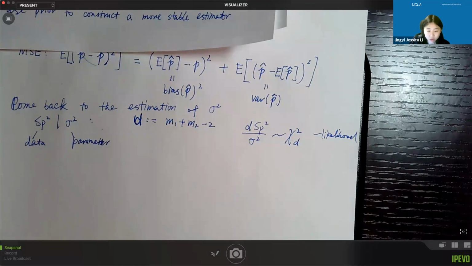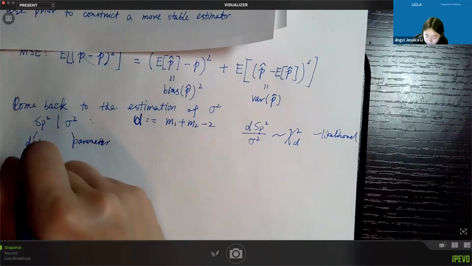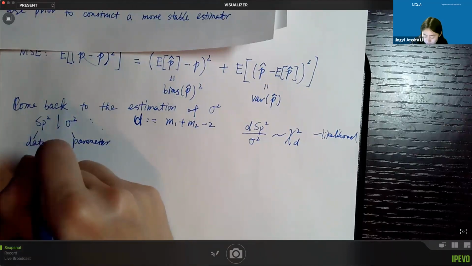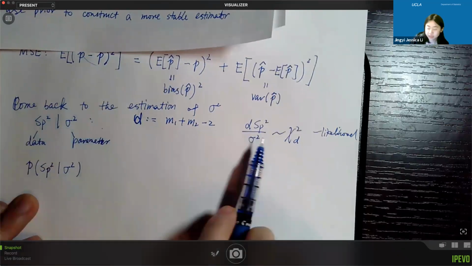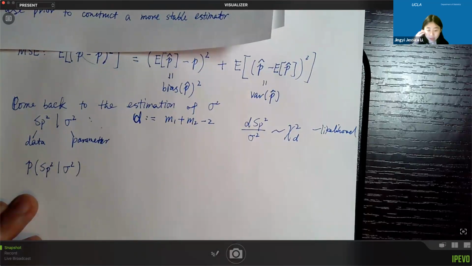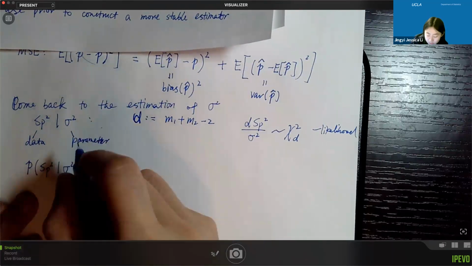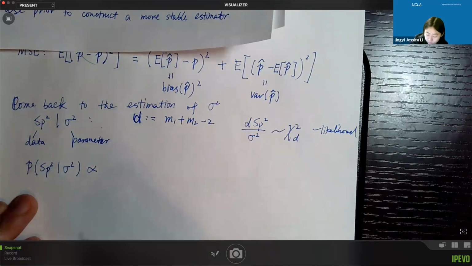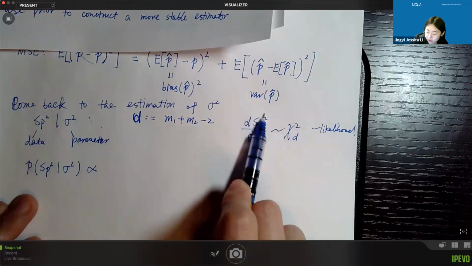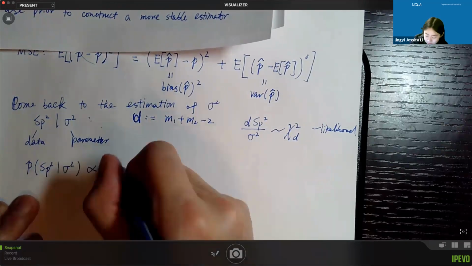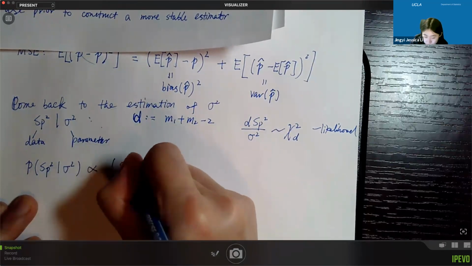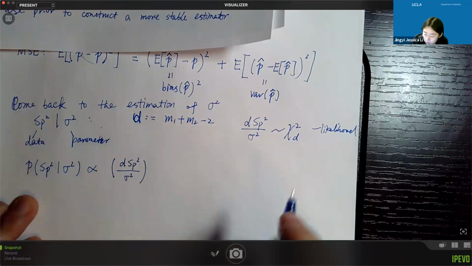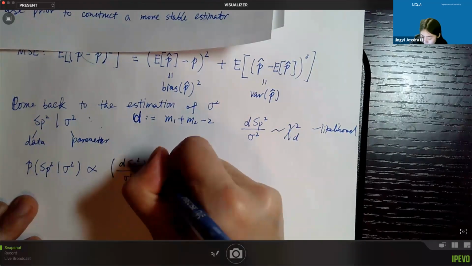And so basically this tells me that the density of SP squared given sigma squared following the chi-square density, I can show that it is proportional to, because this is the random variable that follows chi-square, D times SP squared over sigma squared to the power of D over 2 minus 1.